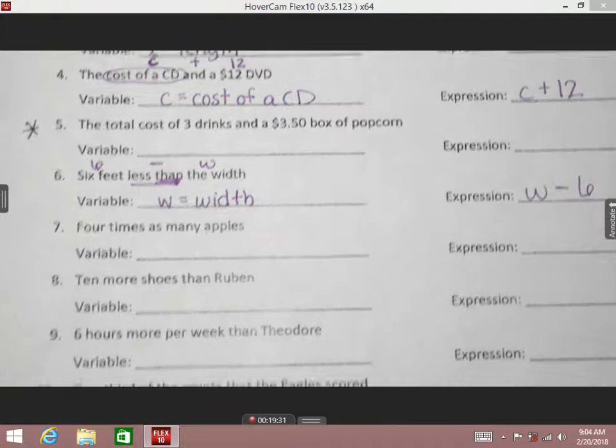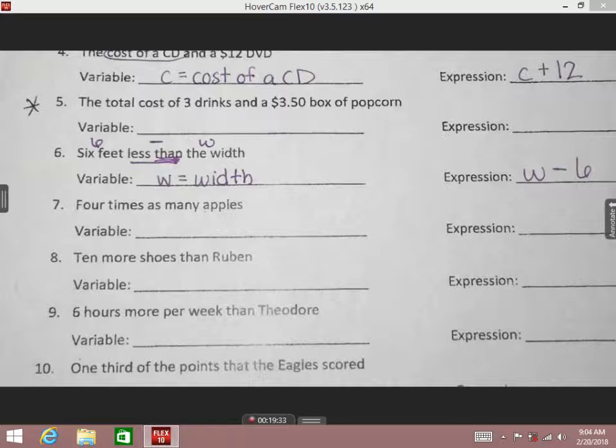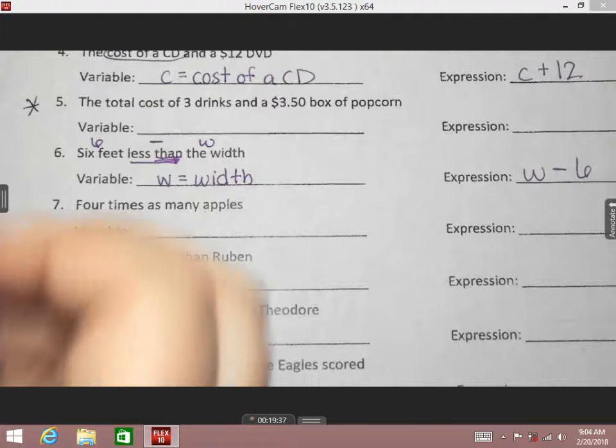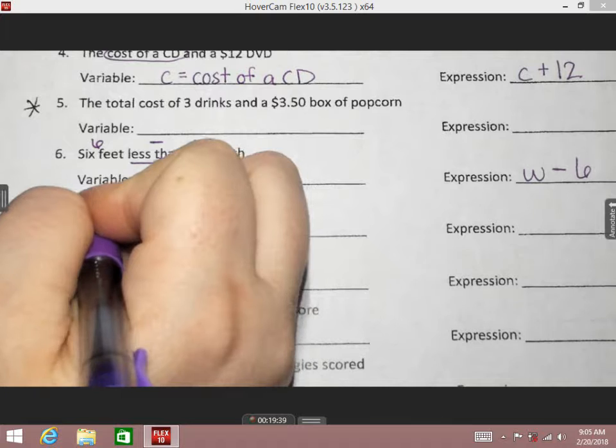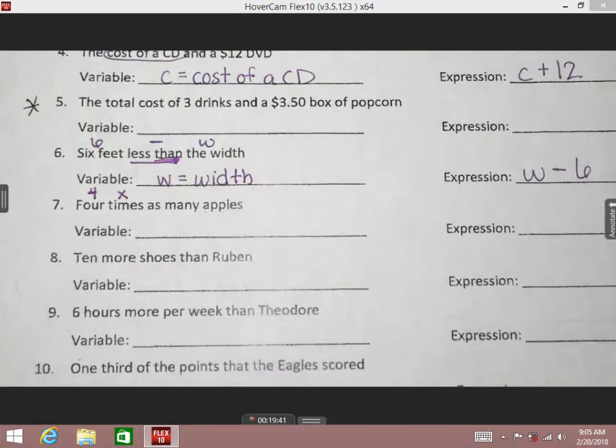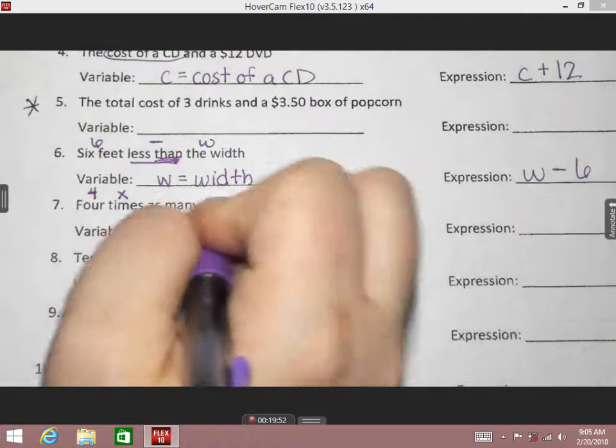All right. Let's look at number 7. 4 times as many apples. So we know how to write 4, right? 4 times, what am I going to use for as many apples? What do I need there? We can use A. We need a variable.